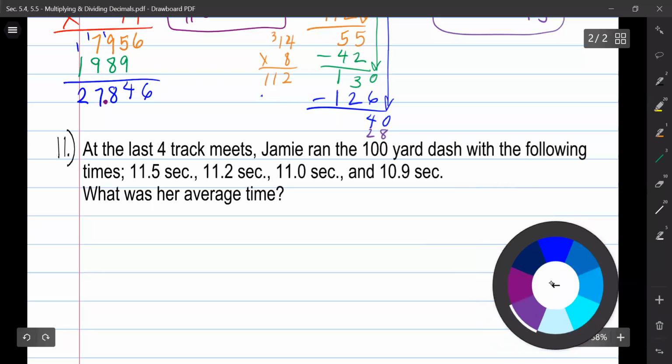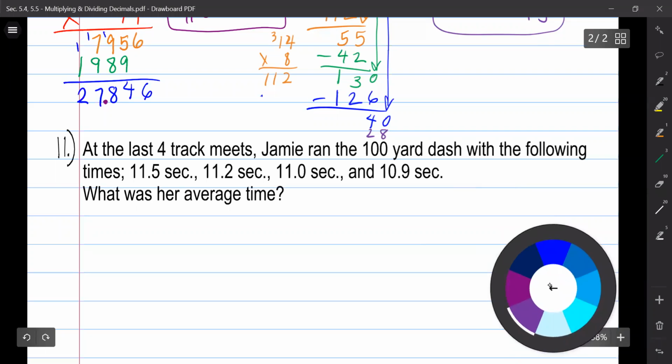All right, number 11 says, at the last 4 track meets, Jamie ran the 100-yard dash with the following times: 11.5 seconds, 11.2 seconds, 11.0 seconds, and 10.9 seconds. What was her average time? So average means we're going to add them all up and divide by how many numbers there are, which is 4.